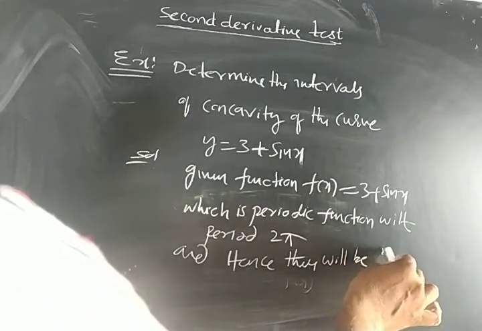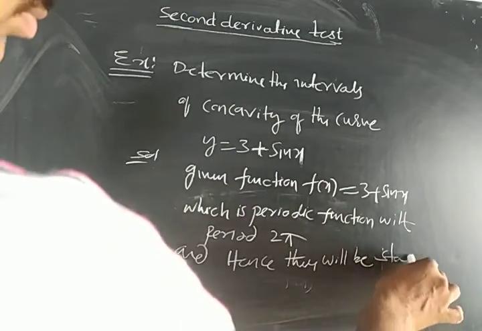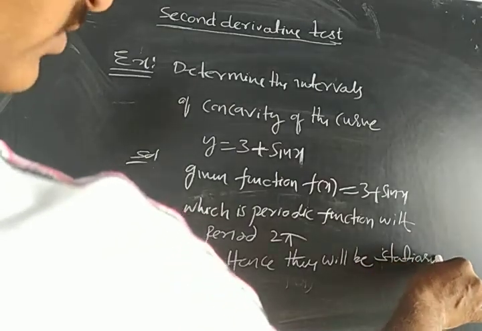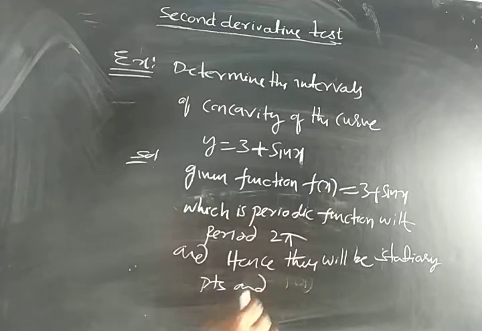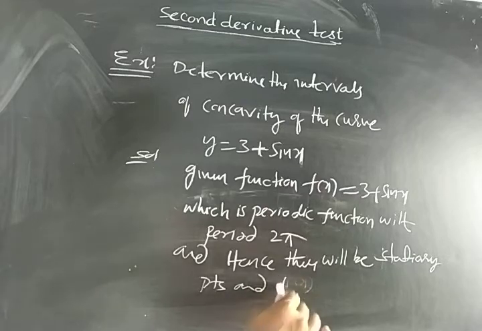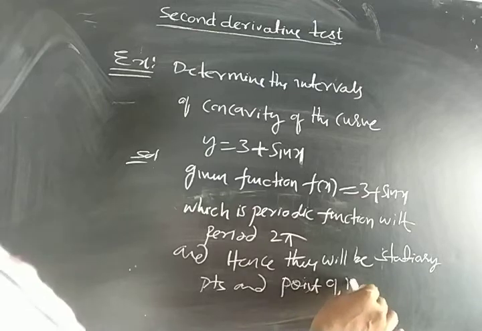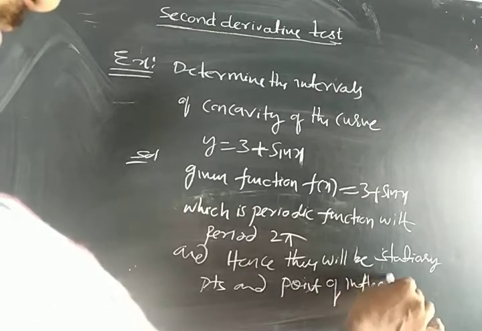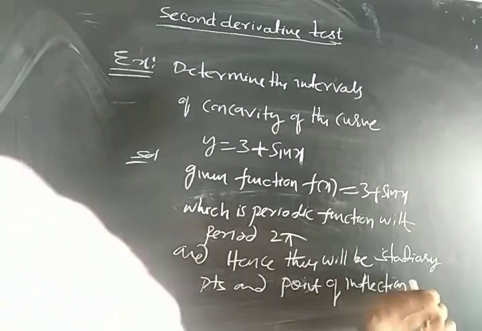Stationary points means where the derivative is 0.